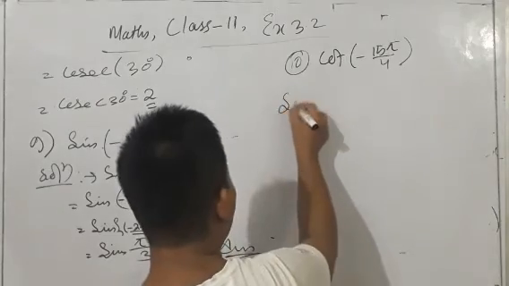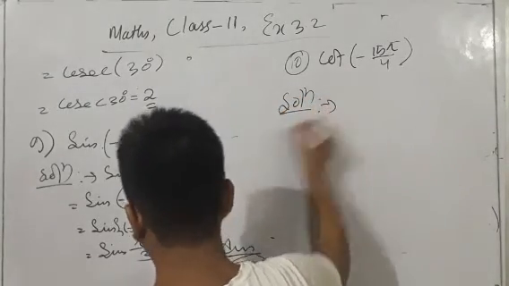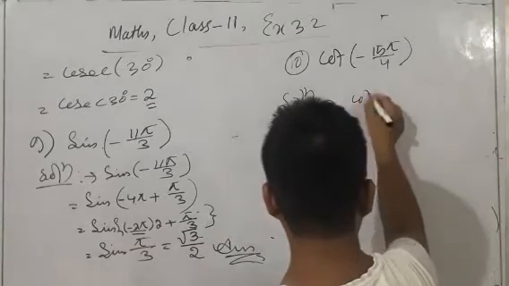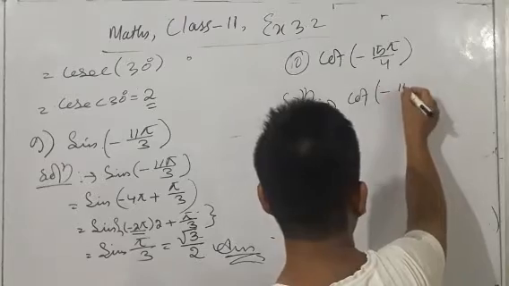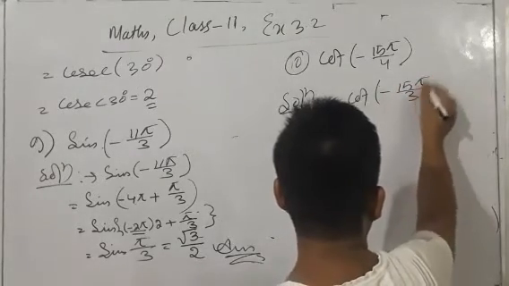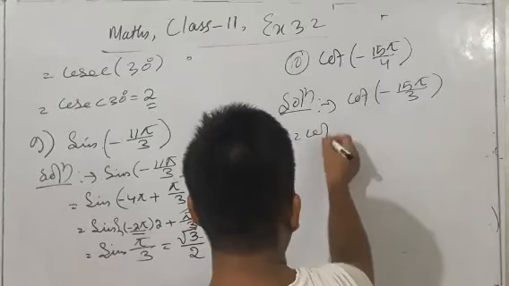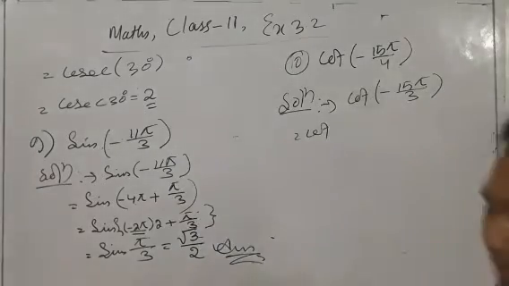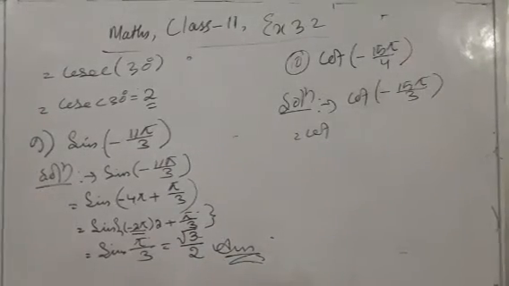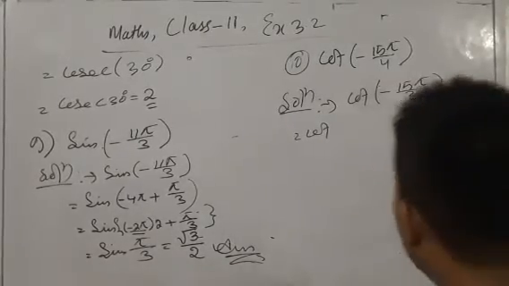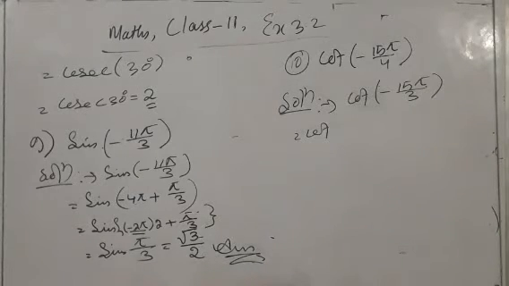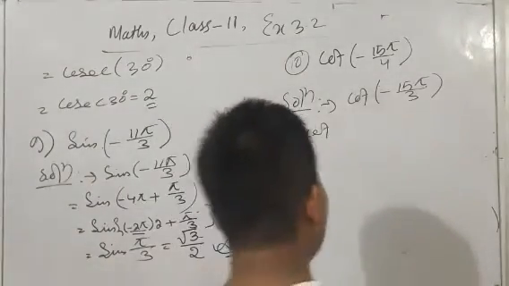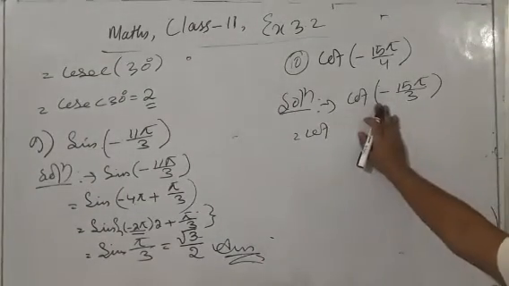In the same way that we have done this, we can do cot of minus 15 pi upon 4. That is cot of what? On the numerator part, what is there? 15 is there. To get that 15, what do we have to do? It must be lesser and it must be bigger.